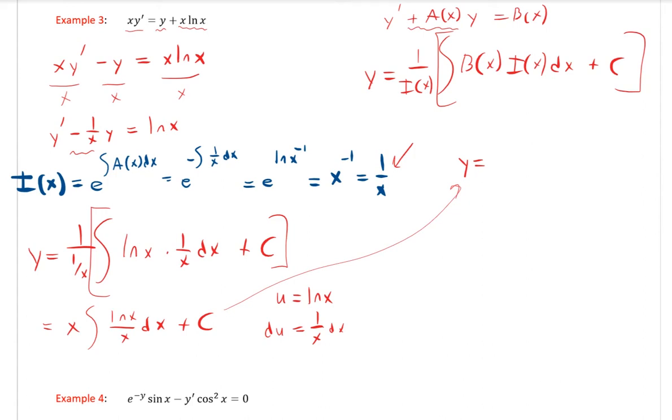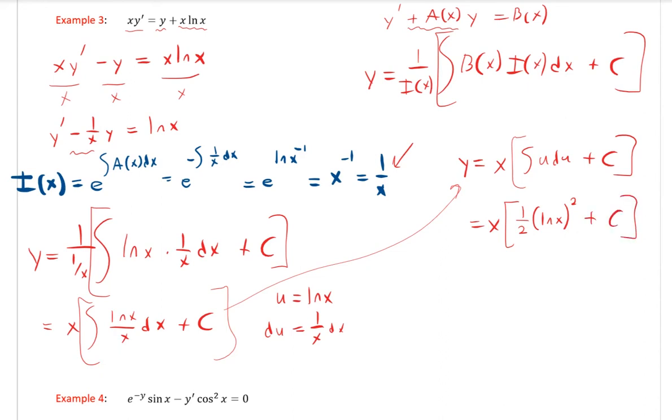So this becomes x, forgot those parentheses, x times the integral of u du plus c. So that's x times 1 over 2 u squared, where u is natural log of x, quantity squared. Note that squared is affecting the entire natural log of x, so I can't pull it down.